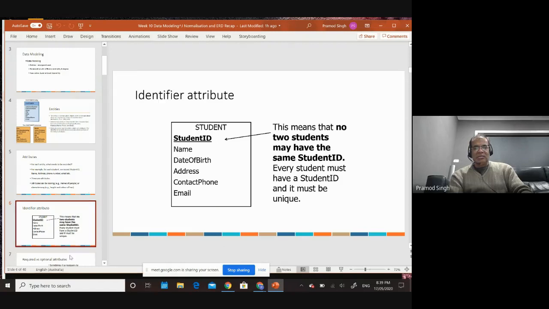In this case, the student entity is identified by one attribute called student ID. Student ID is the attribute which can identify each and every student individually, so every student is going to have a unique student ID. That's the main concept of an identifier.